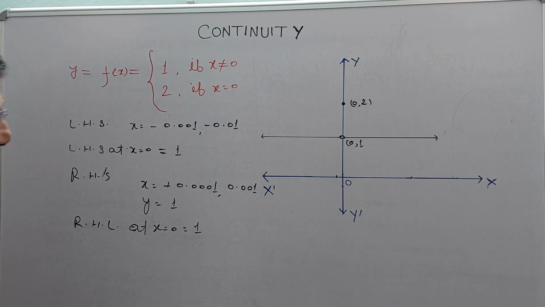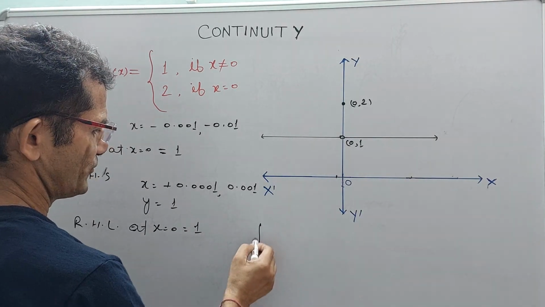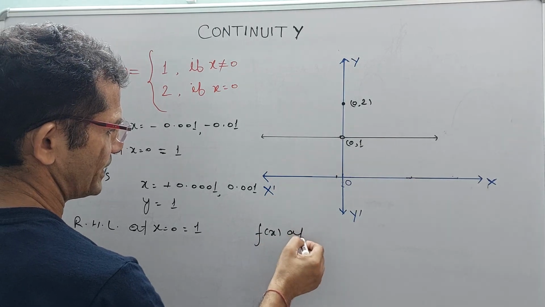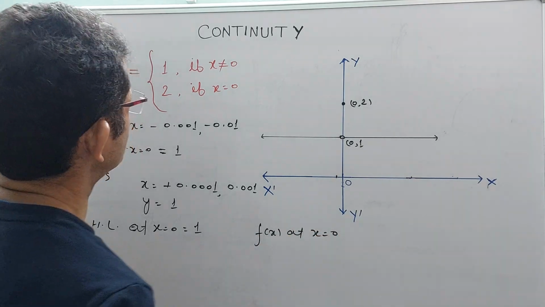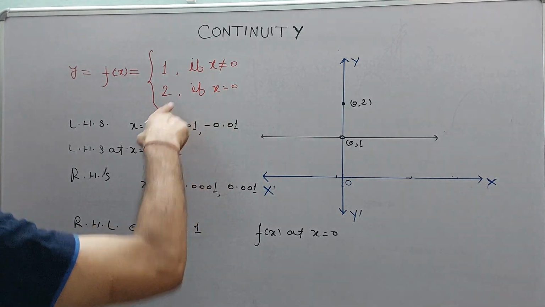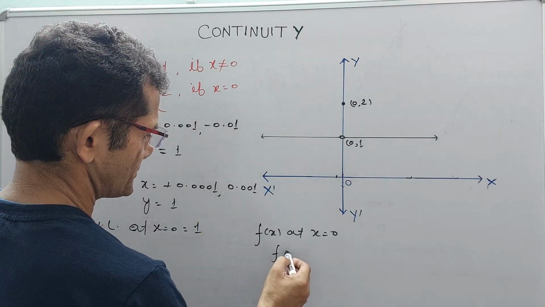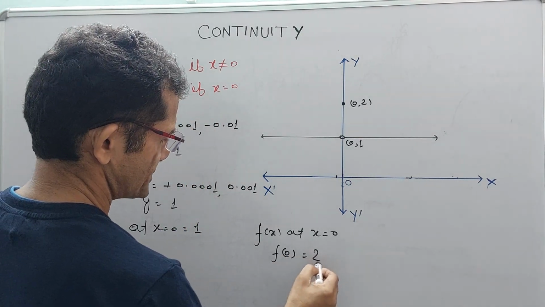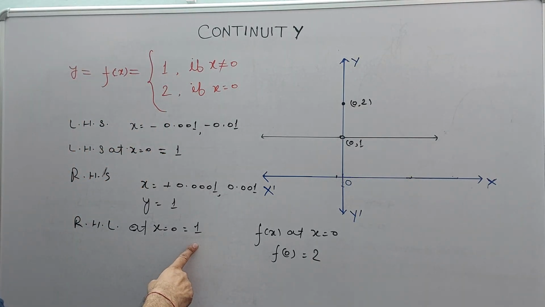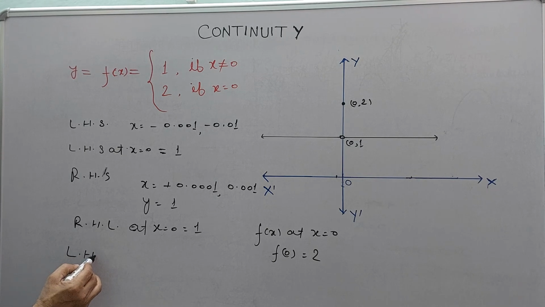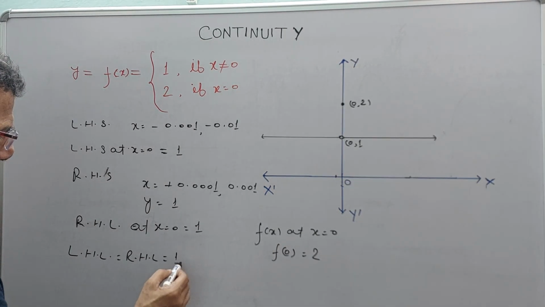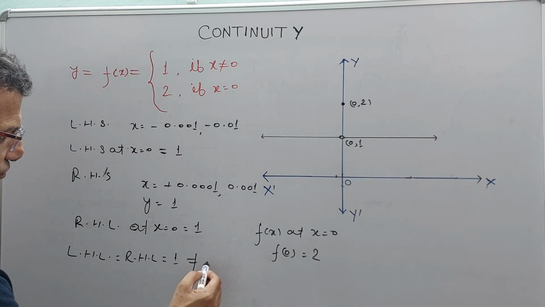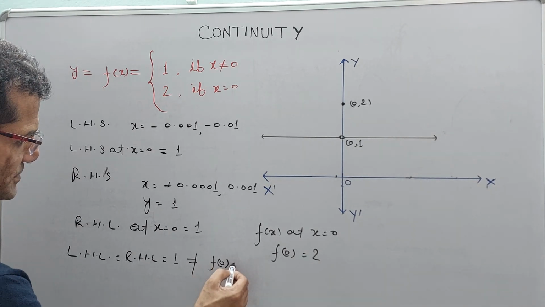But your functional value f(x) at x equal to 0, when x equal to 0, means that f(0) is 2, which is not equal to 1. So mathematically we say that the left-hand limit is equal to the right-hand limit, which is equal to 1, and this is not equal to our functional value f(0).